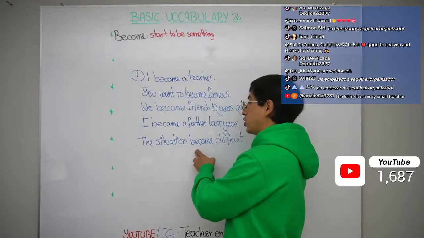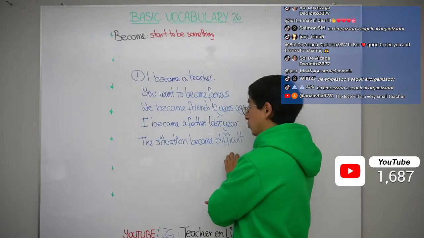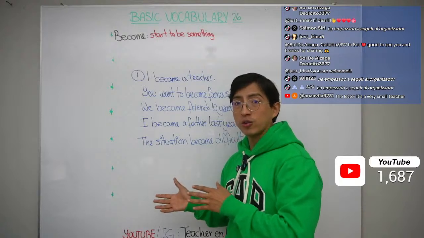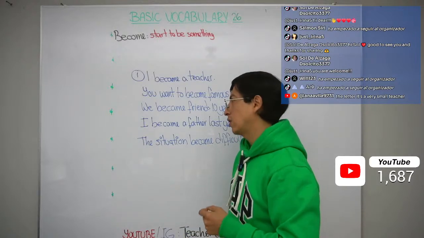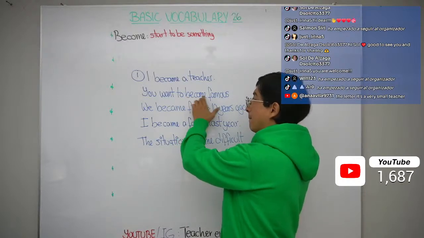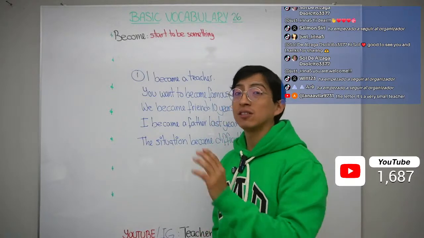So the situation started being difficult. Okay, so these are some of the sentences I can show you so you can use them with this word, become. So, guys, I want you to write your own examples using this word.